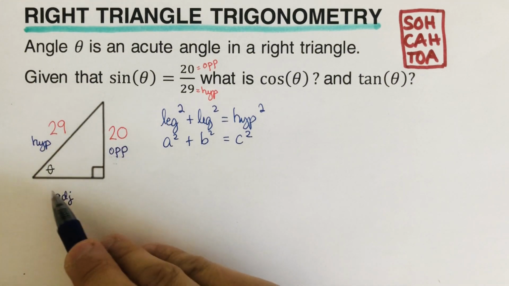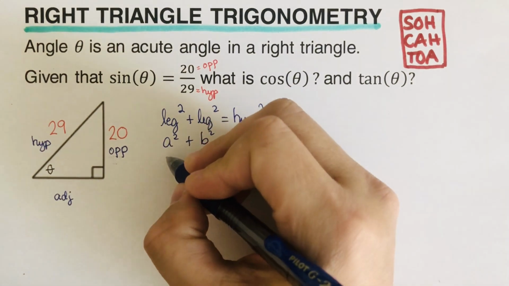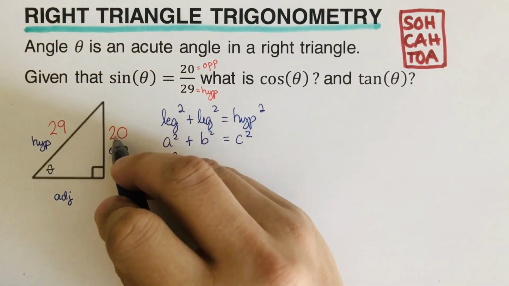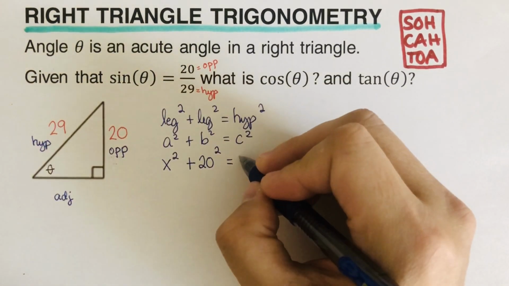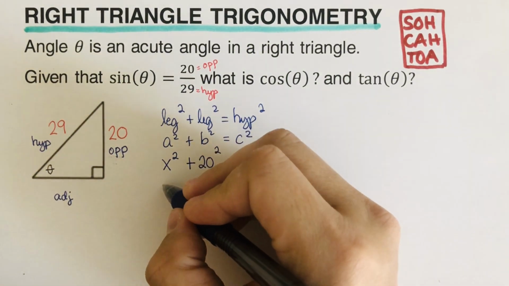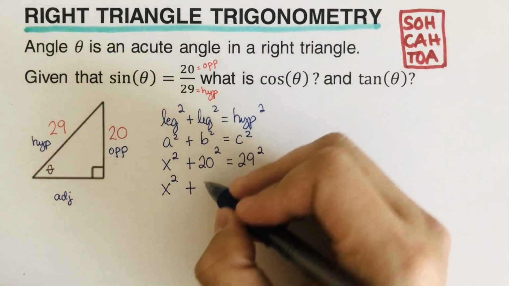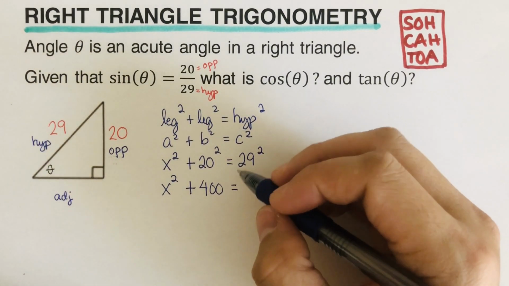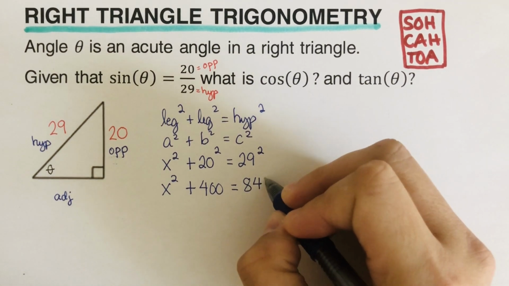Let's represent the missing side as x because we don't know what this is. So x squared plus 20 squared equals 29 squared. Using the math, x squared plus 400 equals 841.